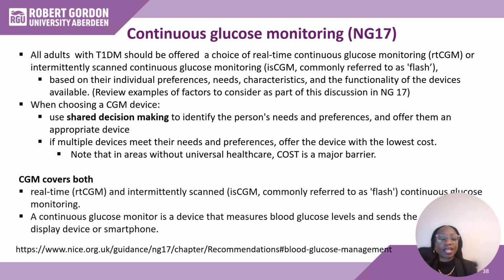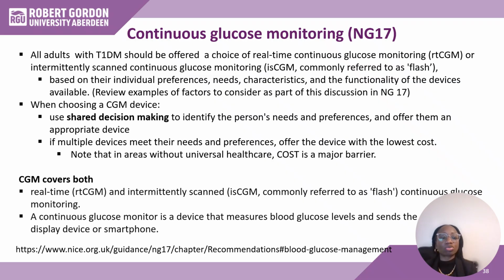Again, review examples of factors to consider as part of this discussion that is within our NICE Guideline 17. When choosing a continuous glucose monitoring device, shared decision-making must be used to identify persons' needs and preferences and offer them an appropriate device. If multiple devices meet their needs and preferences, offer the device with the lowest cost.